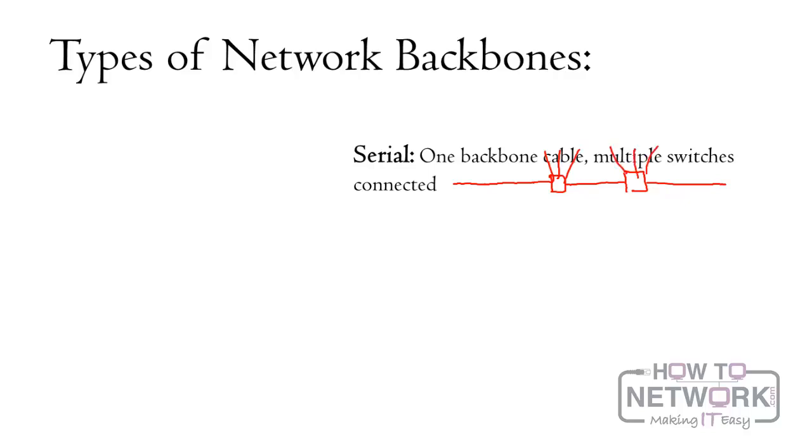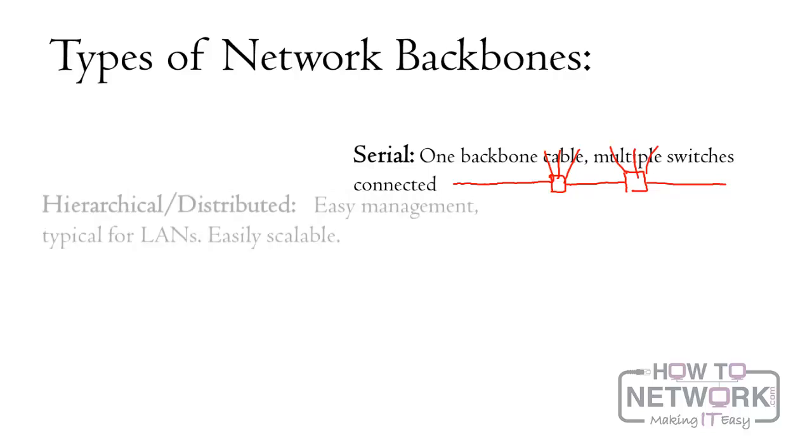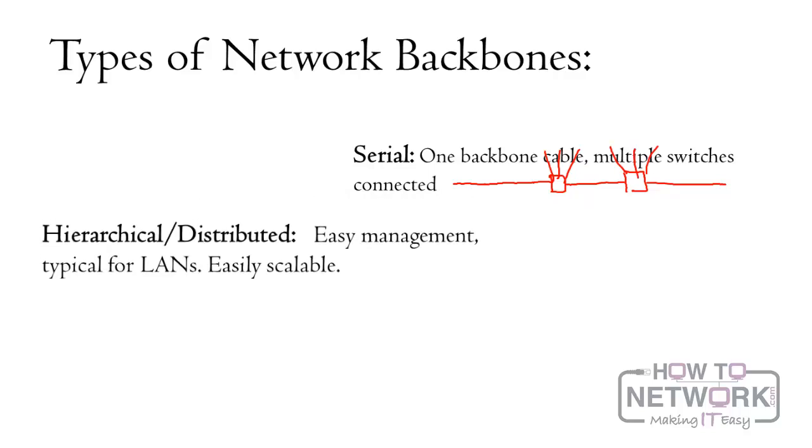There's also something called a hierarchical or distributed backbone, which has more of a family tree layout, if you can imagine, right? Okay? And in this case, it's much easier to manage, typical for what we'll call local area networks or LANs.